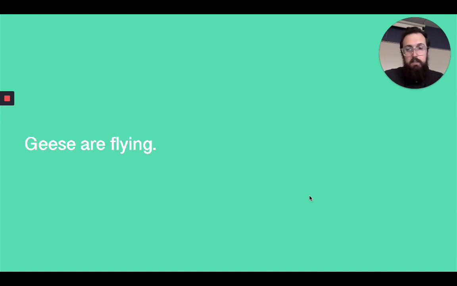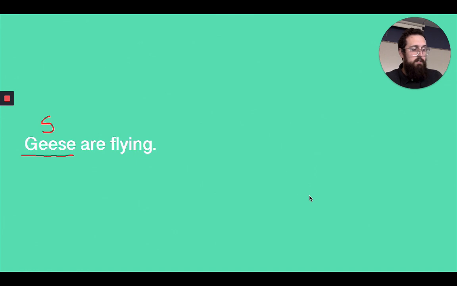This sentence is about geese. So I am going to underline, let's use red, I'm going to underline geese and put an S above because that is my subject. That's what my sentence is about.